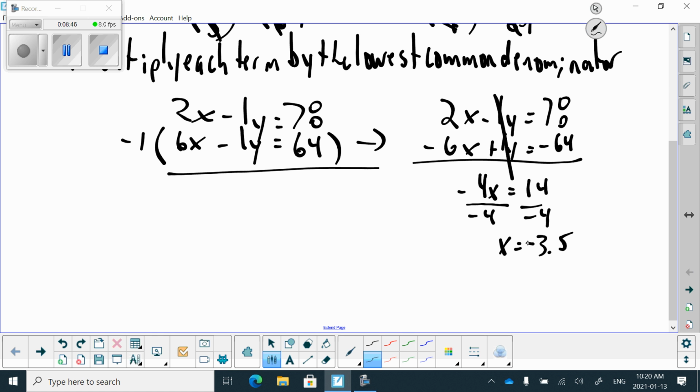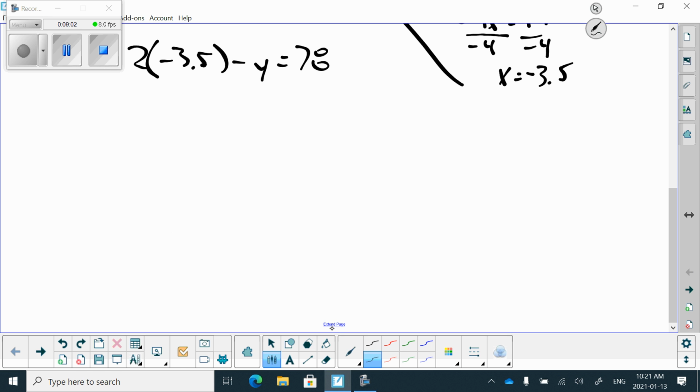2 times negative 3x minus 1y equals 78. 2 times negative 3.5 minus y equals 78, okay? 2 times negative 3.5, which is negative 7.